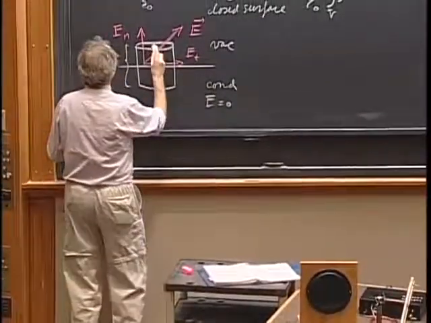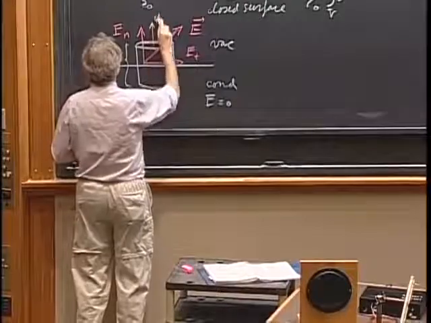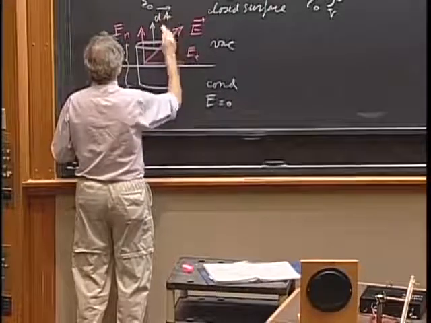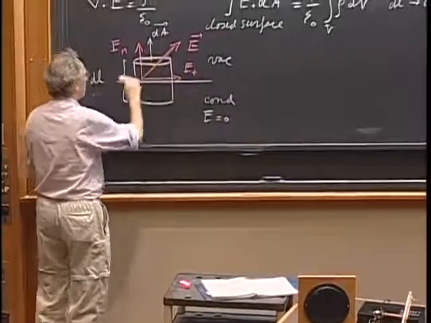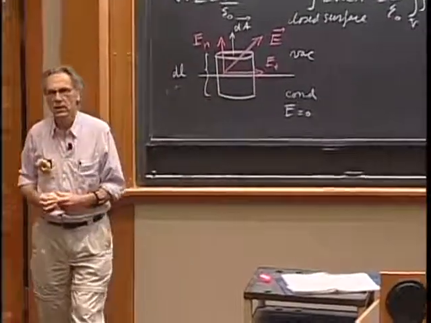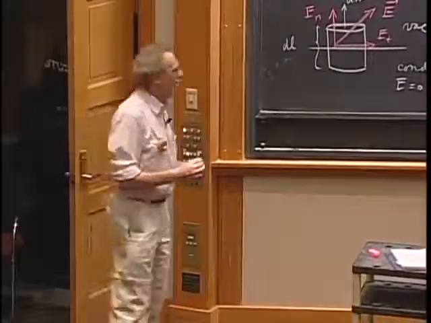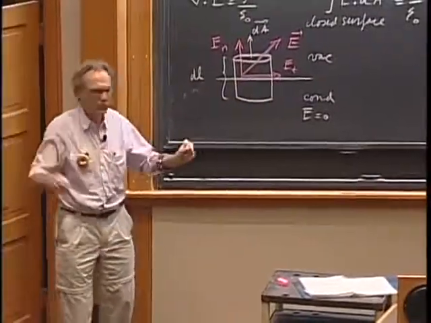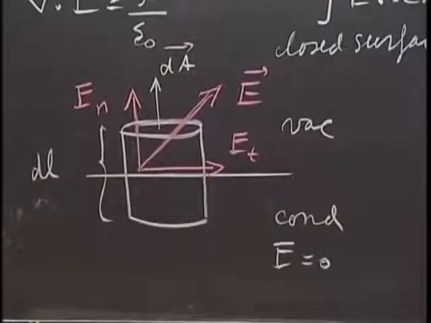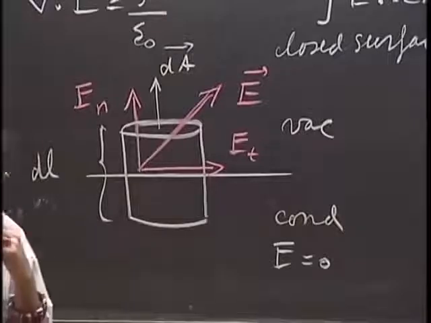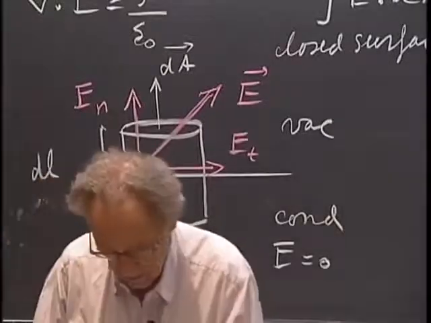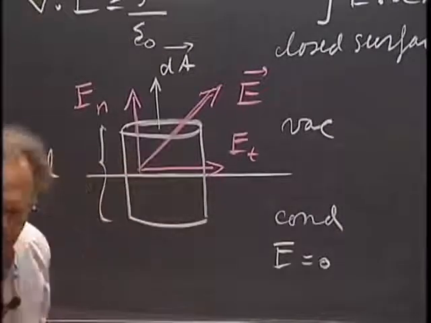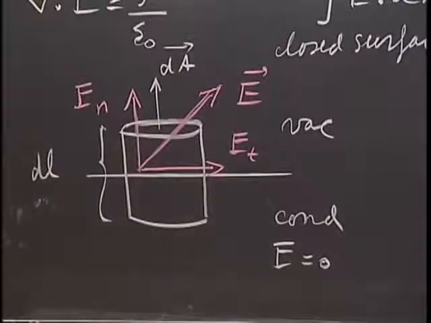And this has an area dA. I draw the vector perpendicular to this surface. By convention, we always have the vector from the inside of the box outside, so the dA is in this direction. And so now I can apply Gauss' law, which is what we have there.